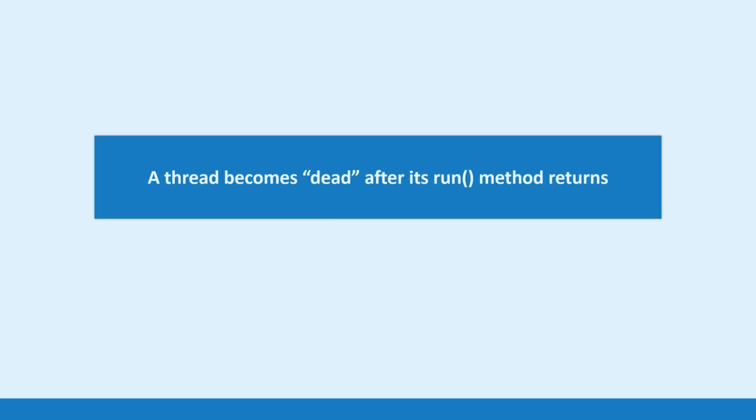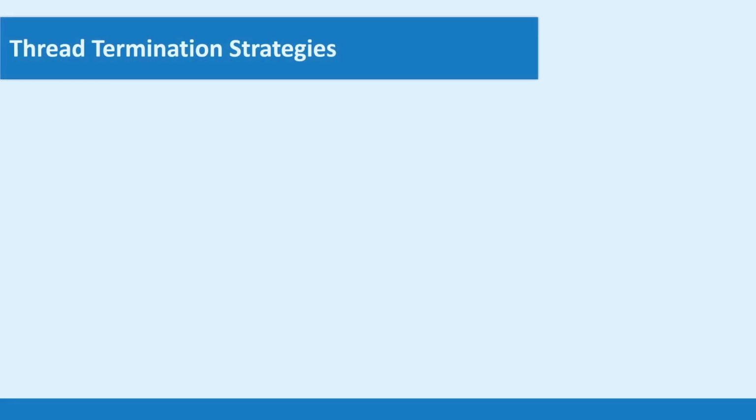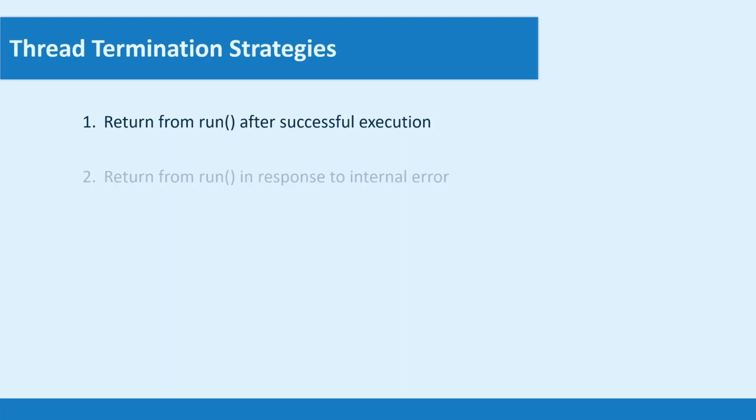And there are four main ways to achieve that. The first and the most straightforward approach is to just let the code that you have in your run method complete successfully. After that, the run method will naturally return and the thread will be terminated. The second approach is to return from the run method in response to an internal error.